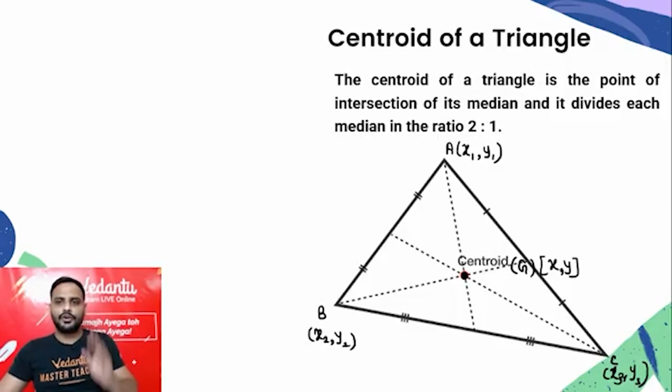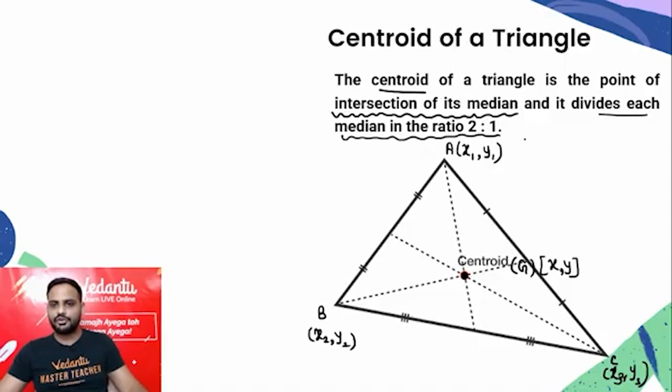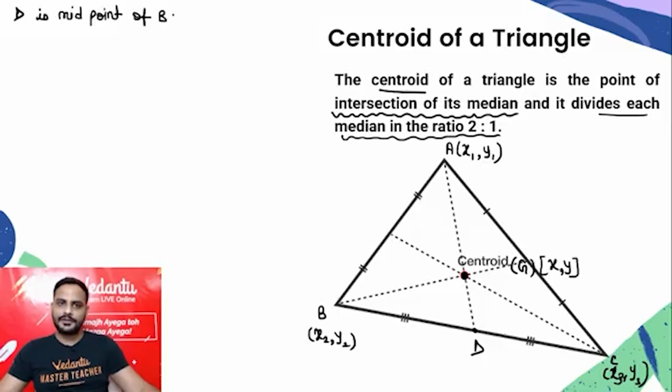Okay beta, so all of us know the centroid is the point of intersection of all the medians, and the second important thing is that it divides each median in the ratio 2:1. So first, suppose this is a point D, and AD is a median, so D is the midpoint of BC.